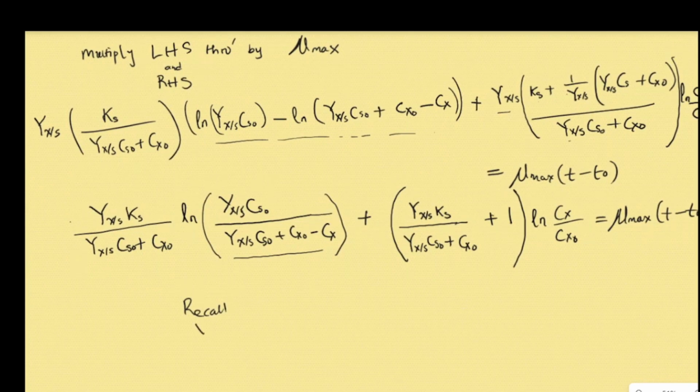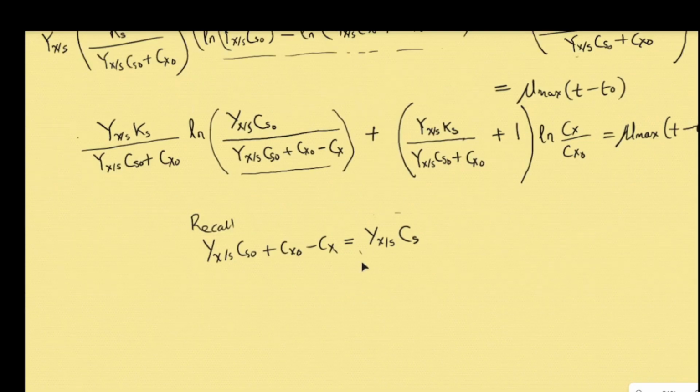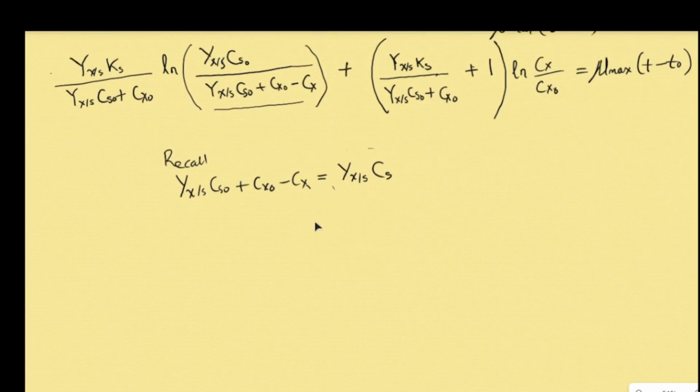Recall that YX/S CS0 plus CX0 minus CX, this term from equation 1, is equal to YX/S, then CS. So you're going to replace the whole of this particular stuff with this guy over here. So when you replace it, this is what we'll get.